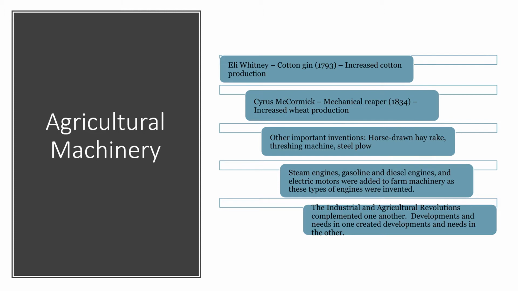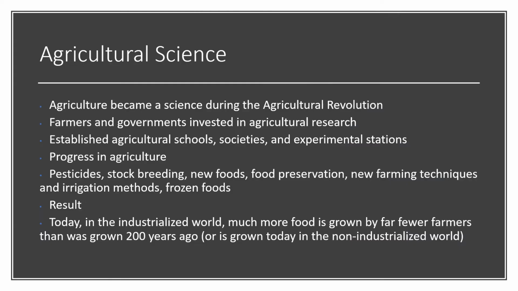Eli Whitney invented the cotton gin, Cyrus McCormick the reaper, and there were other inventions such as horse-drawn implements and steam engines. The industrial and agricultural revolutions complemented one another, each development leading to another. Necessity is the mother of invention.